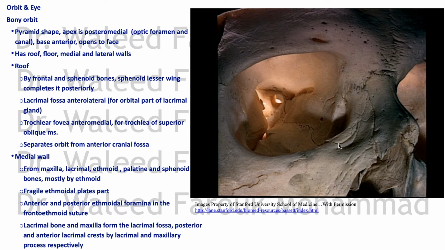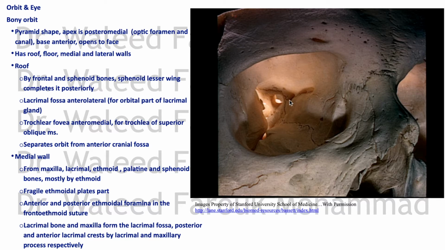The medial wall, look at the medial wall from front backwards. It starts with a process from the maxilla, the orbital process of the maxilla. Then you go back, you'll find the lacrimal bone, an individual bone by itself, that articulates posteriorly with the orbital plate of the ethmoid bone.